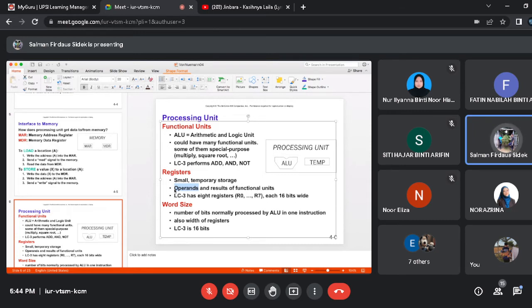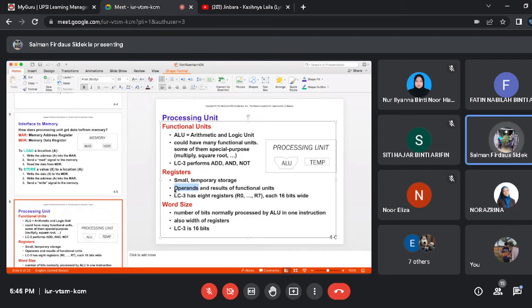And then actually the CPU has 8 registers, so it means that the temporary itself in the CPU has 8 temporary storages.